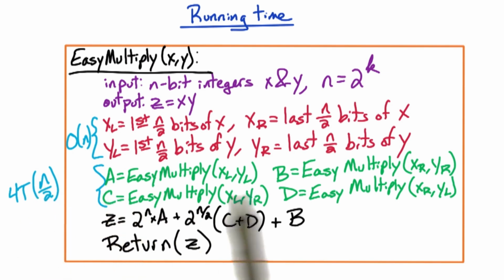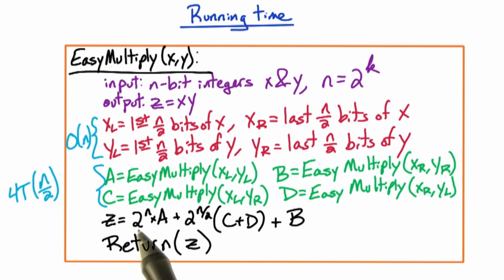Finally, given the solutions to these 4 recursive subproblems, how long does it take us to compute z? Well, we have 3 additions of order n bit numbers. That takes order n time. We also have to multiply this order n bit number times 2 to the n. How do we do that? Well, it's much faster than a multiplication, which takes order n squared time. This is just a shift n times.